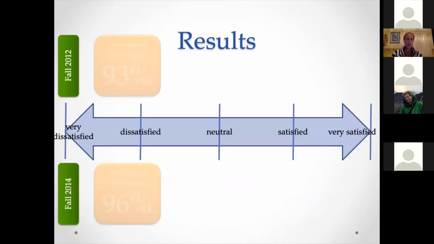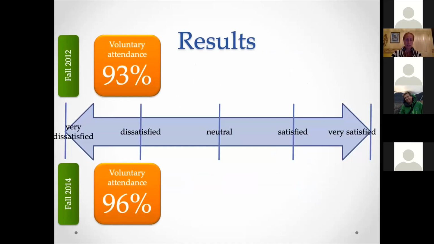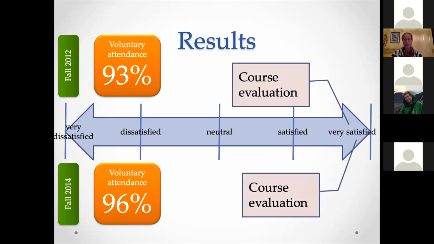In terms of other results, voluntary attendance in class was always high, 93 and 96% respectively, which basically meant that students turned up unless they were sick. And students were very happy with the course, and that didn't actually change through those 3 years.